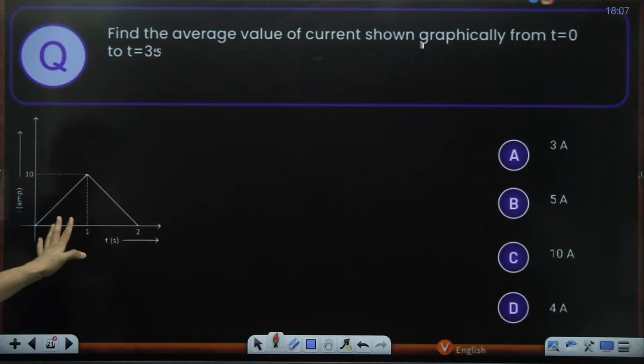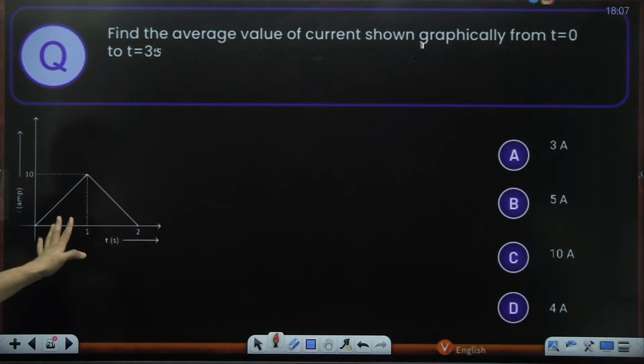Now just imagine, in that same resistance, another current of 10 by root 2, because this is your RMS current. If it goes, it will produce some kind of heat, and that will be nothing but 10 by root 2 whole square into R. Now, both of these heats are being developed together in the same resistance.